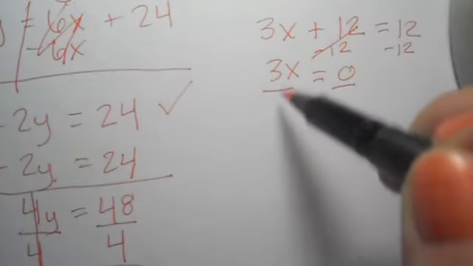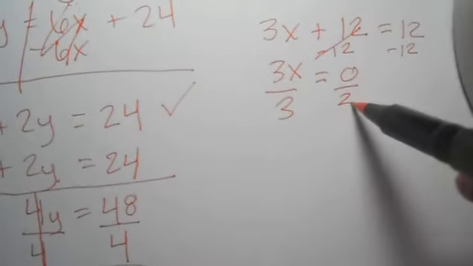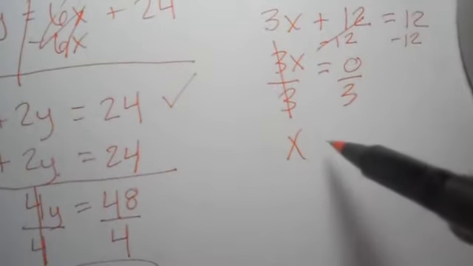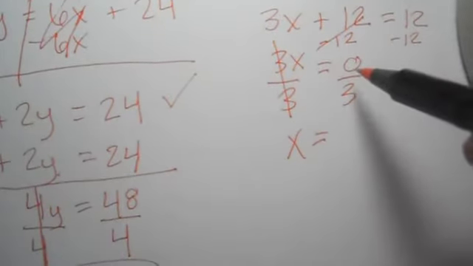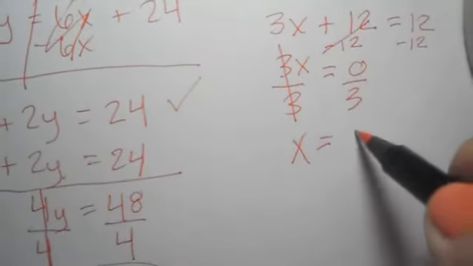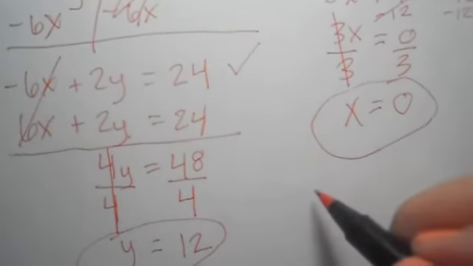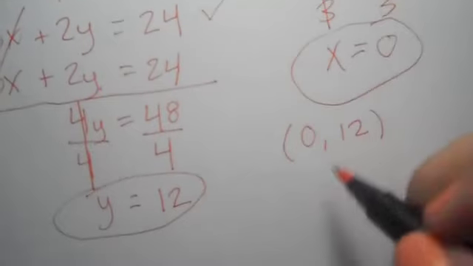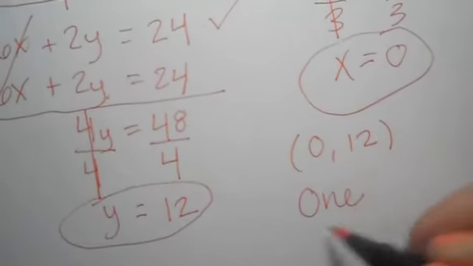If I divide both sides by 3 to get x by itself, 3 divided by 3 is 1. We're left with x. 0 divided by any number that's not 0 is going to be 0. So x is 0. X is 0, y is 12. And that is the one solution.